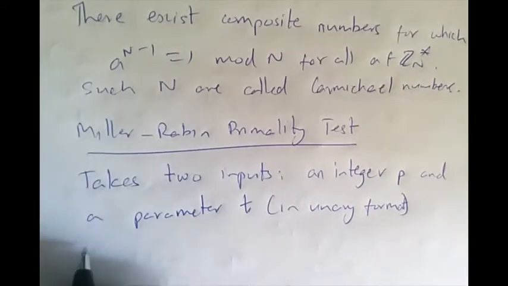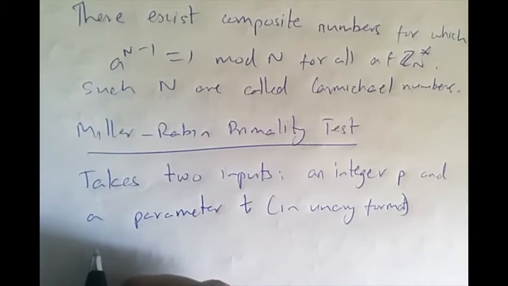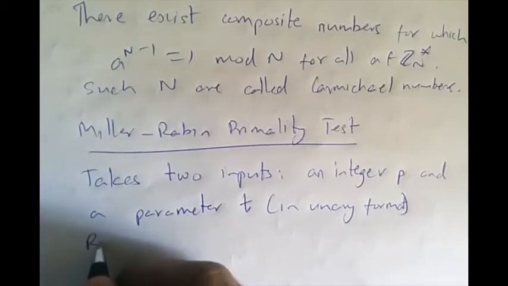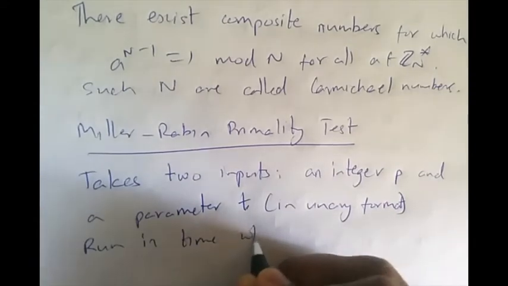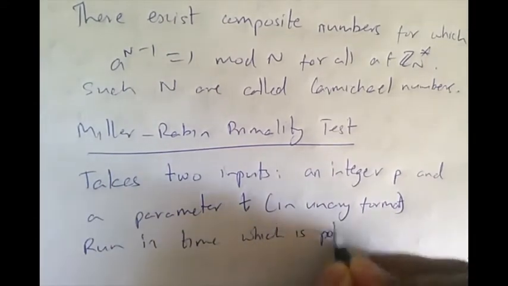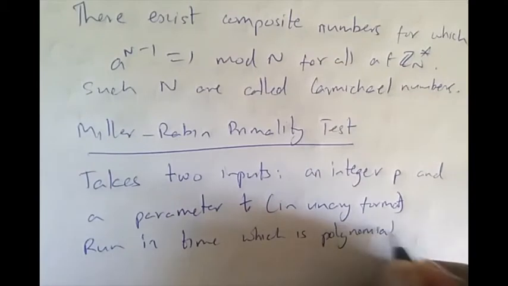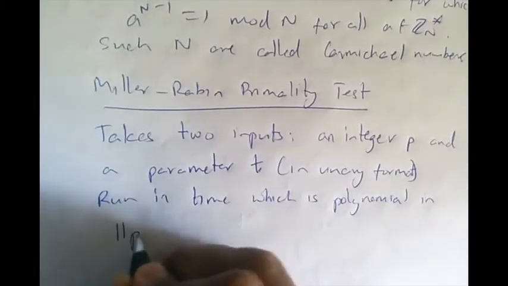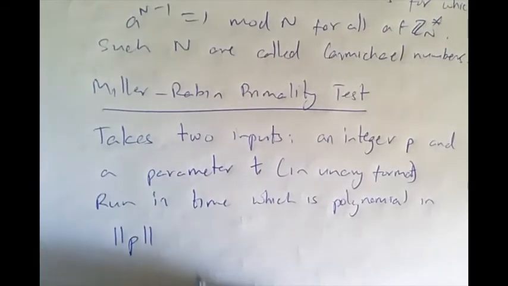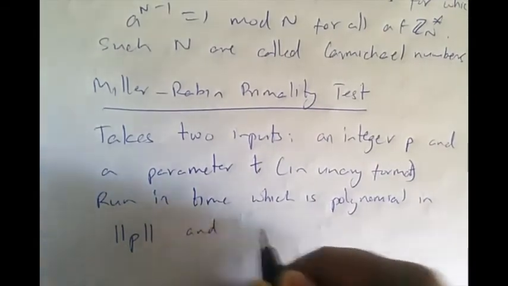And this Miller-Rabin primality test is going to run in time which is polynomial in the bit length of the integer p and t.